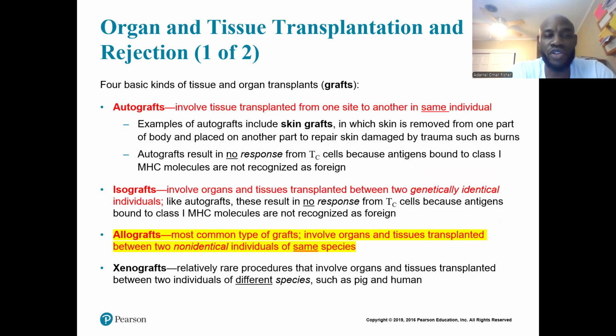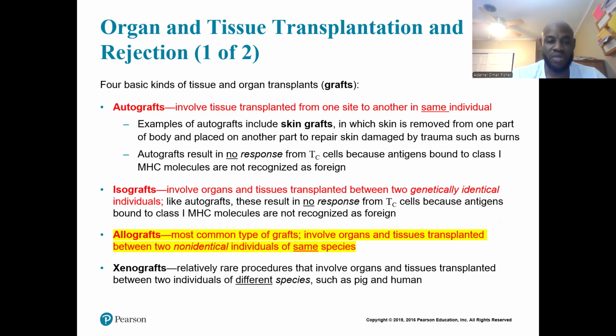A lot of times we have issues with organ and tissue transplantation. Autografts are when you transplant tissue from one part of your body to another part of your body, the same person's body. That usually doesn't have any problem. Isografts involve organ and tissue transplanted between two genetically identical individuals.